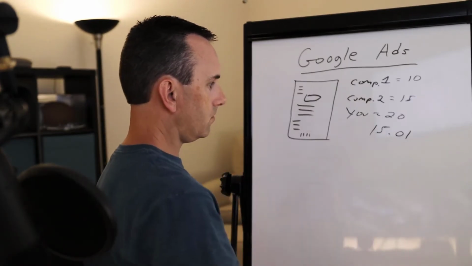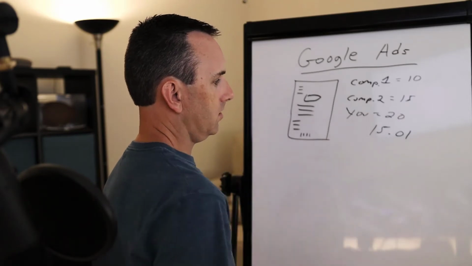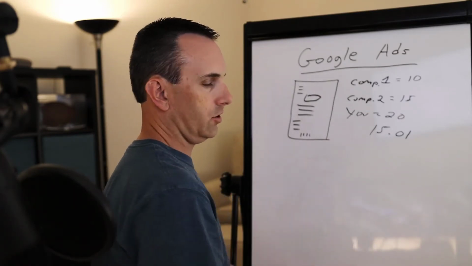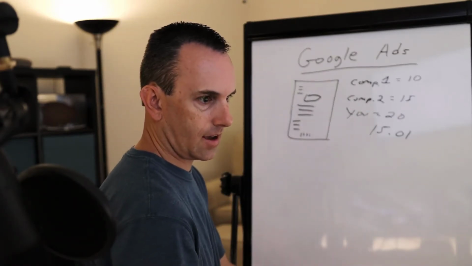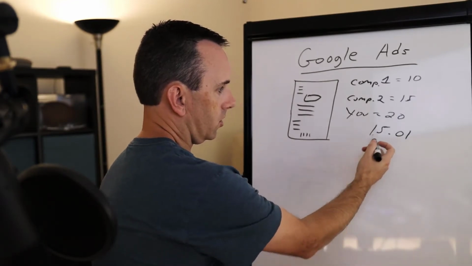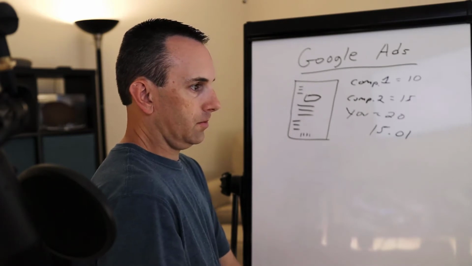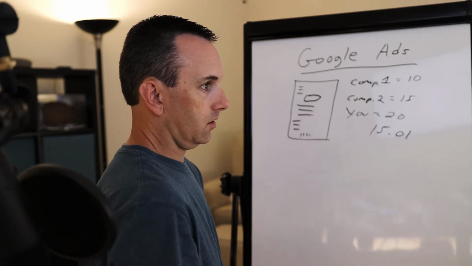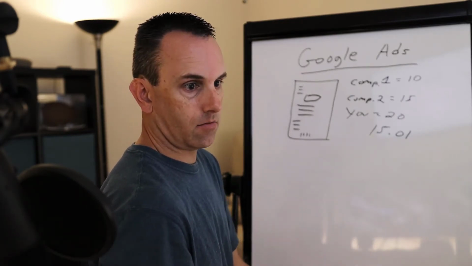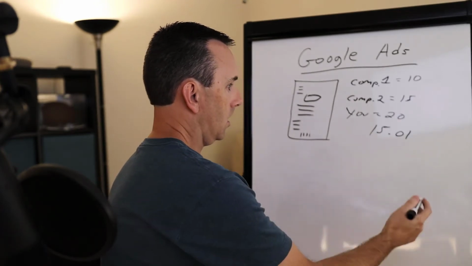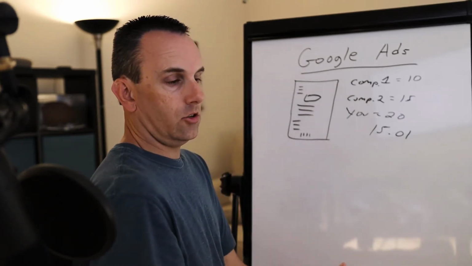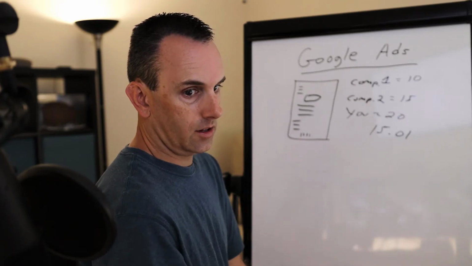So the best thing you can do is think about your daily budget. How much do you want to spend per day? If you know that your average cost per click is $15 a click, and you want to get, say, 10 leads a day, on average it usually takes 2 to 3 clicks to generate 1 lead.